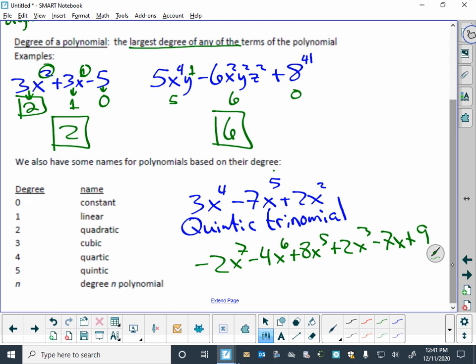The degree here is 7. I don't have a nice Latin name for that, so I say it's a degree 7. It has 1, 2, 3, 4, 5, 6 terms in there. I don't have a name for that, so it's a degree 7, 6 term polynomial.